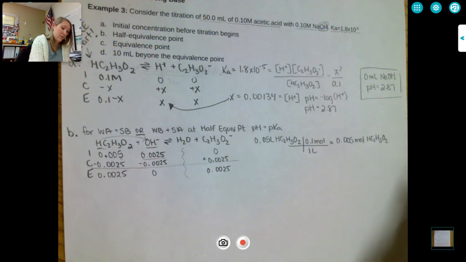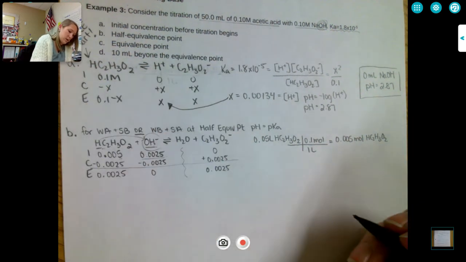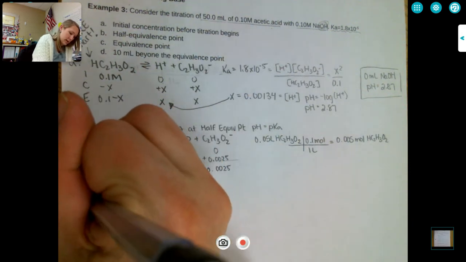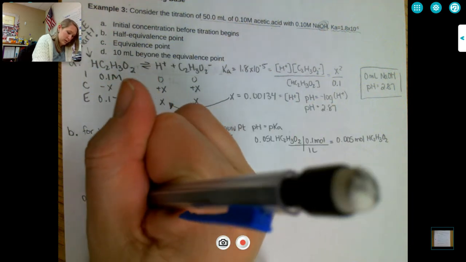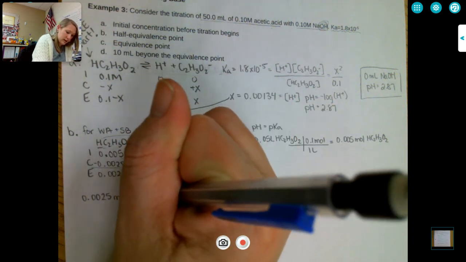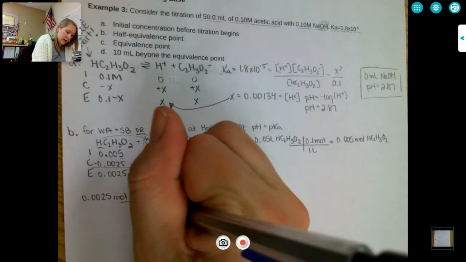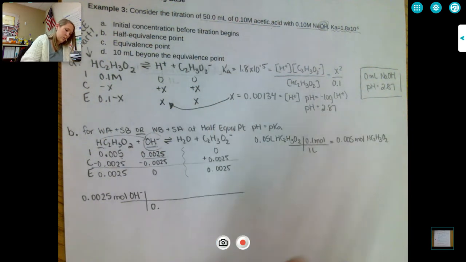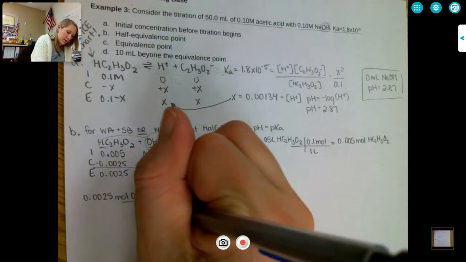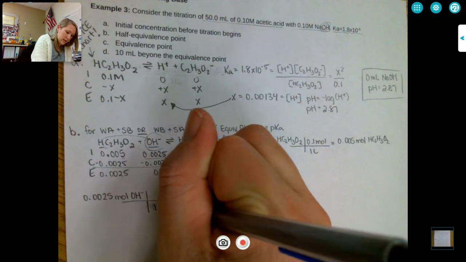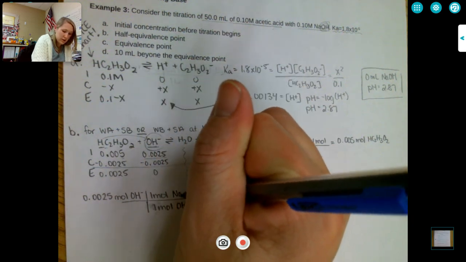We need to figure out what volume of hydroxide we need to do this. So if I know my moles of hydroxide, 0.0025 moles of hydroxide, and we know that we have 1 mole of hydroxide ions for every 1 mole of sodium hydroxide.